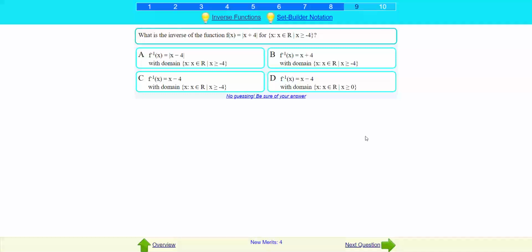But the domain, if you apply minus 4, the domain has to be plus 4. Greater than or equal to plus 4. Then that's when you get the 0. Right? So it's y equals x minus 4, for x greater than or equal to 4.